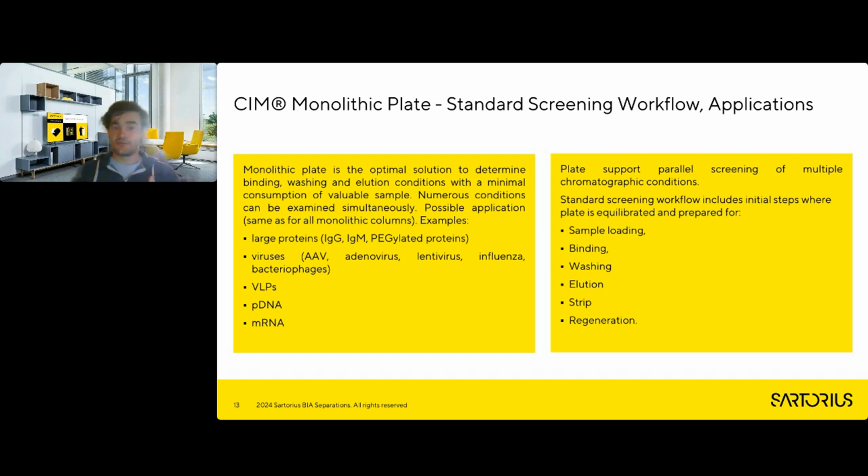Possible applications are large proteins, everything that is bigger than IgG, different viruses like AAV, lentivirus, influenza, different virus-like particles, and nucleic acids like pDNA and mRNA.